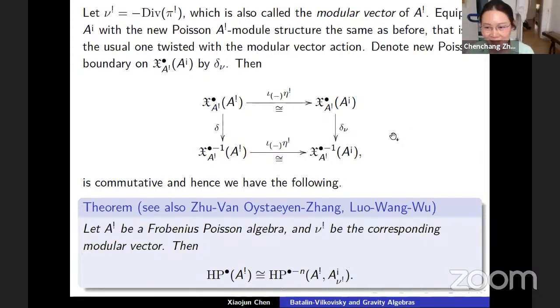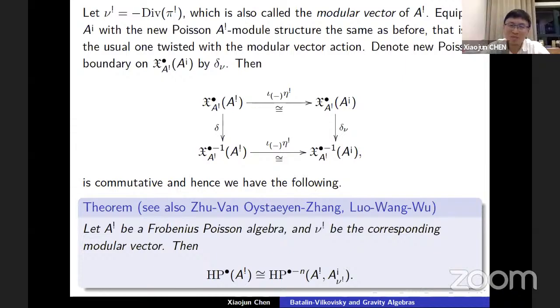Yes. There's a question from an audience asking whether this eta should be a volume form.